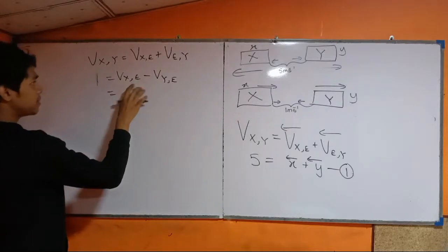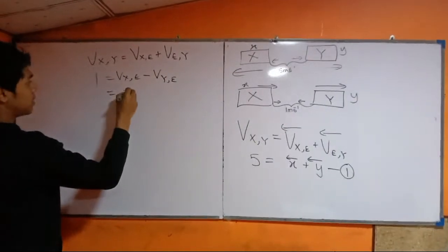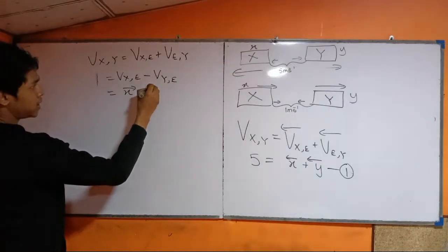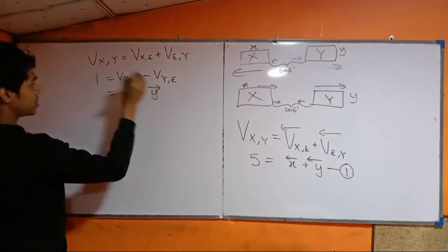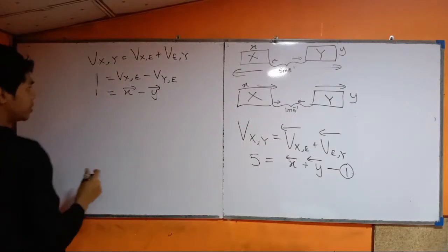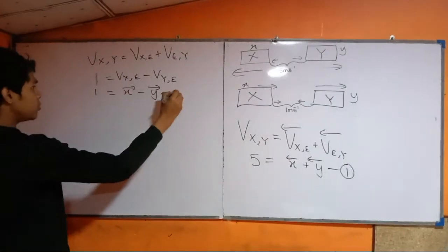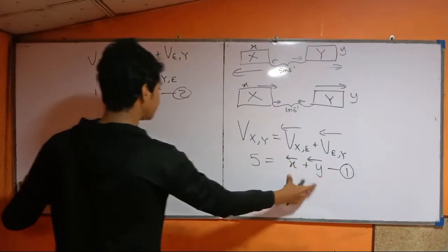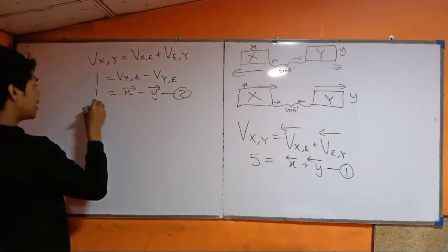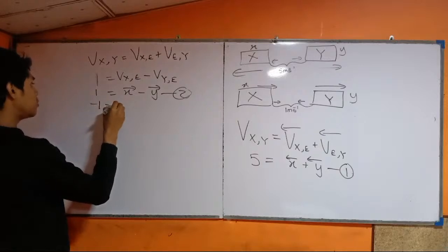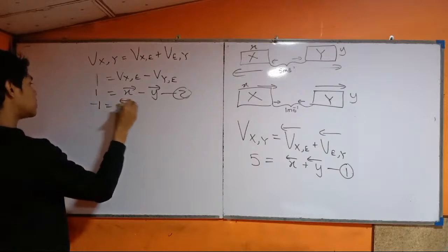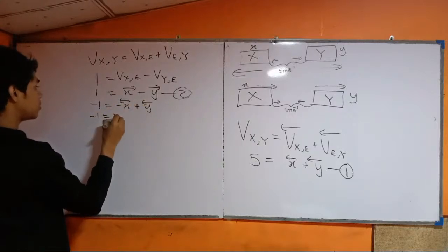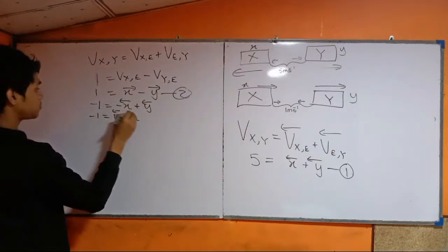So x in that direction, minus y in that direction, equals 1. When you are adding two vectors, they can't be in opposite directions, so you multiply by minus 1. Minus 1 is equal to minus x plus y, so minus 1 is equal to y minus x.